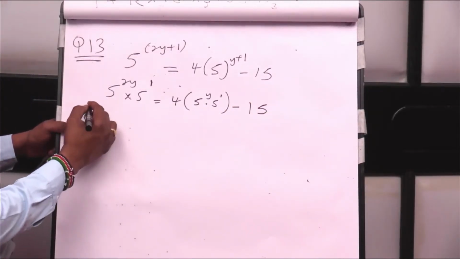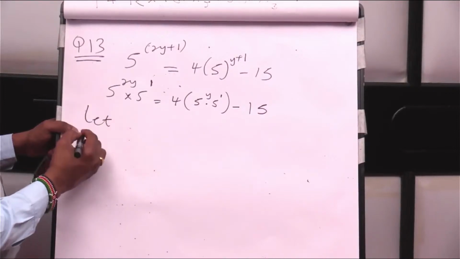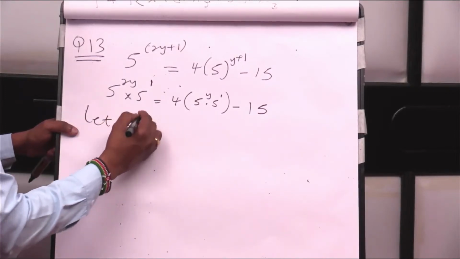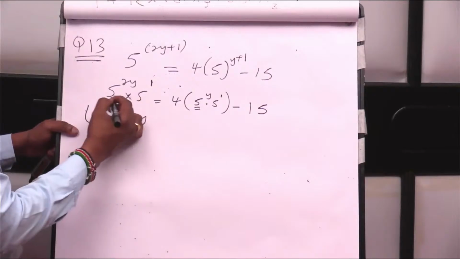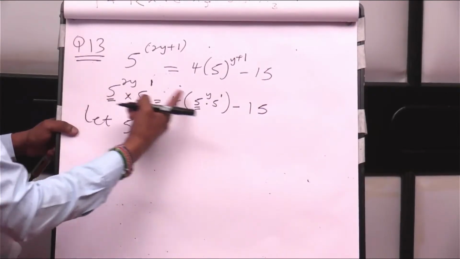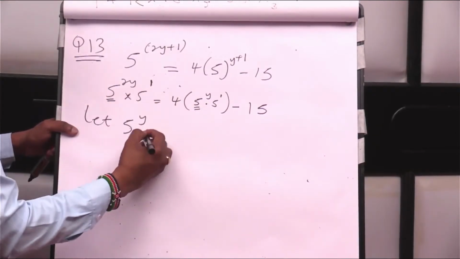Then from here, we have 5 raised to power y and 5 raised to power 2y, so you can let 5 raised to power y be equal to p.